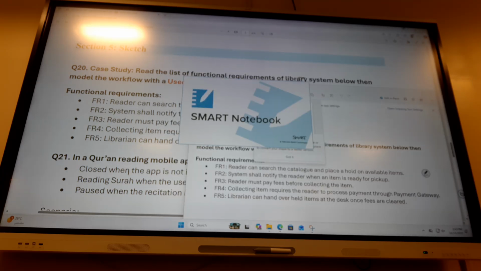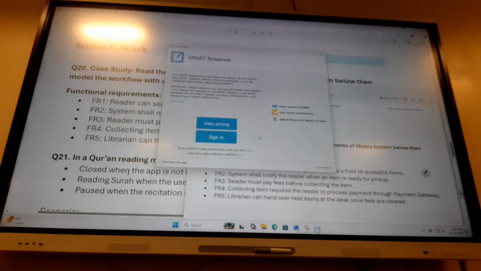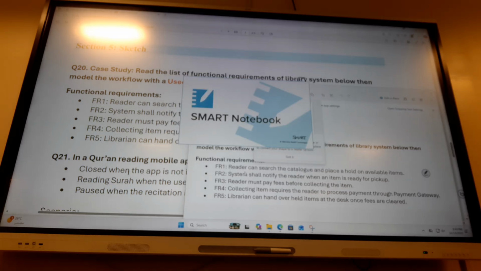I'll reduce this. Just give me time. I'll solve it and come back here to the grading part.